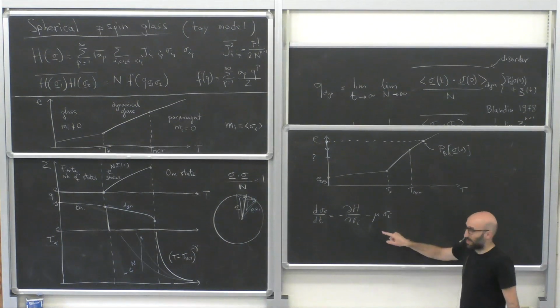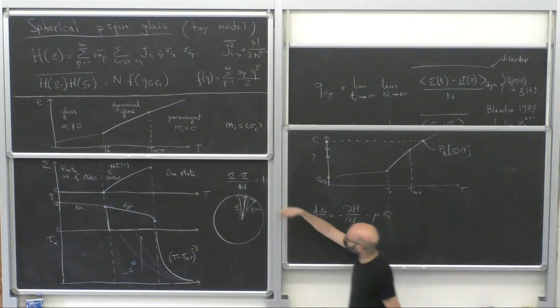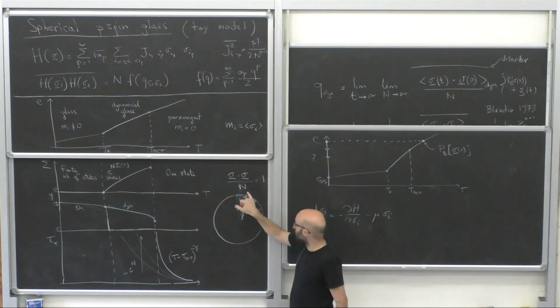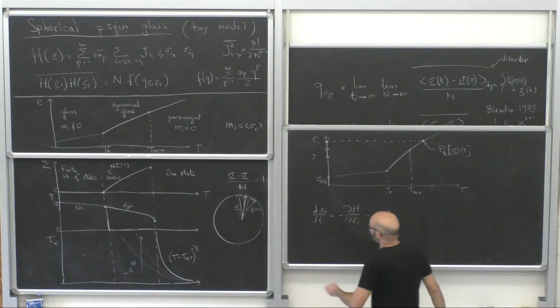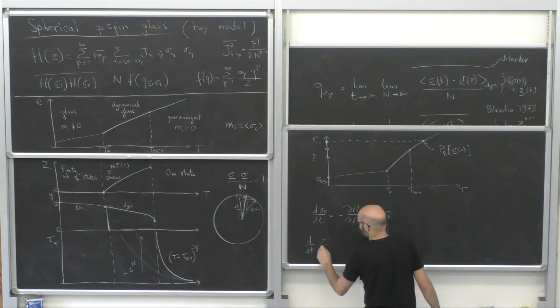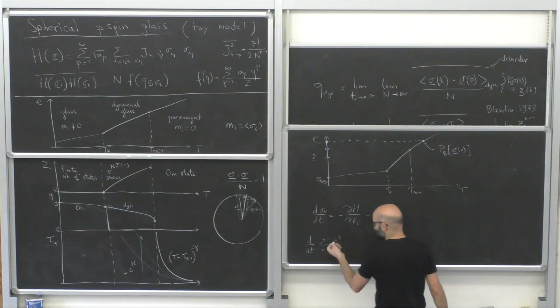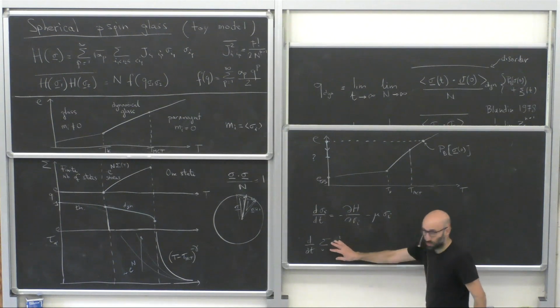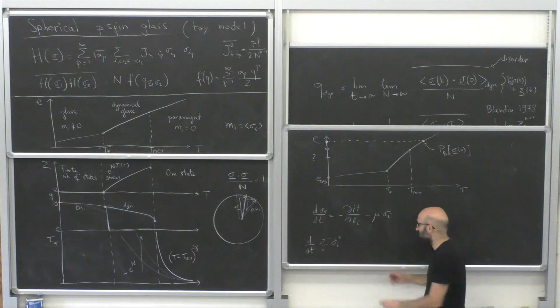Now it's easy to fix. Mu, you remember, is the term that we need to remove the longitudinal part of the gradient in order to keep this condition. So we want the derivative of the sum over i of sigma_i squared to be 0, because we want to keep this constant.